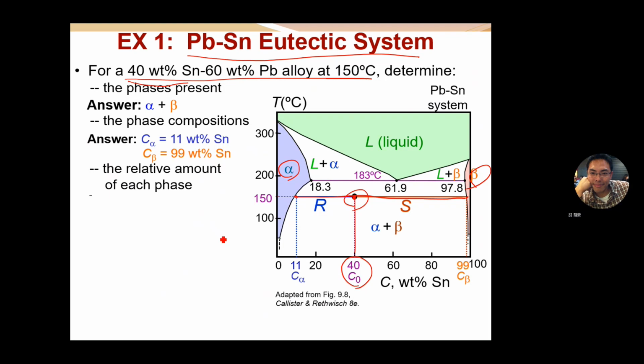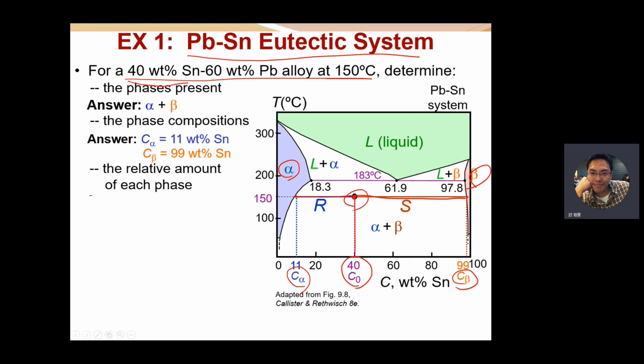Therefore, we can find the phase compositions. The composition of the alpha solid solution is 11 weight% of tin, and the composition of the beta solid solution is about 99 weight% of tin.